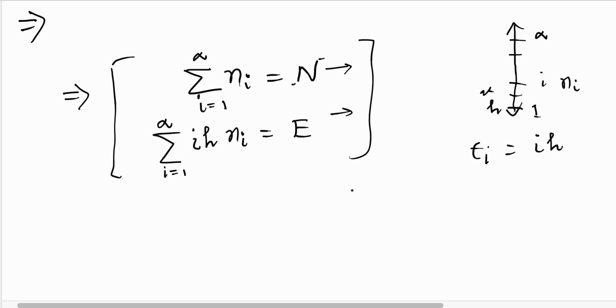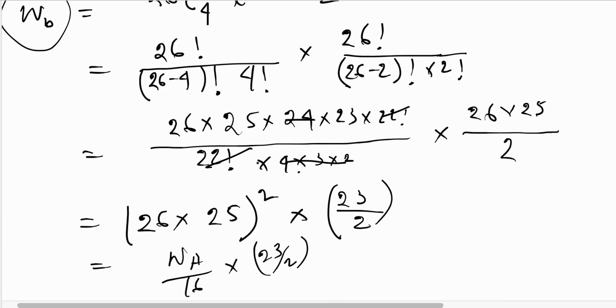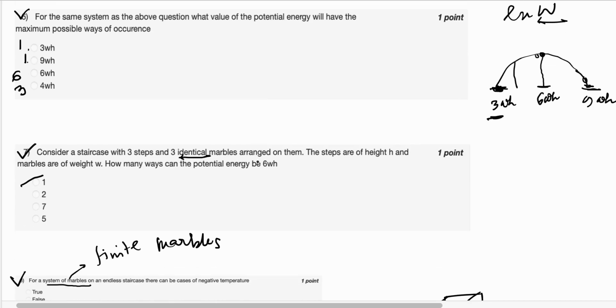If you put a total of N marbles, then for this summation's infinity you put some number M, which will be much greater than N. In the computer you put this and you will get the exact result. But I will tell you from the argument why the temperature is negative or positive. Here the answer will be obvious.